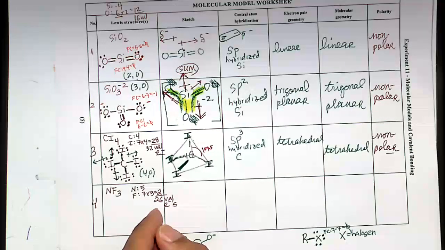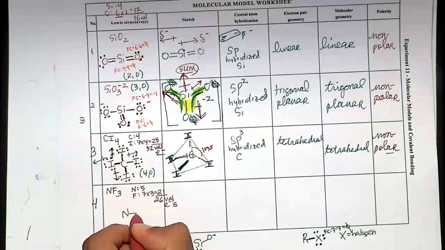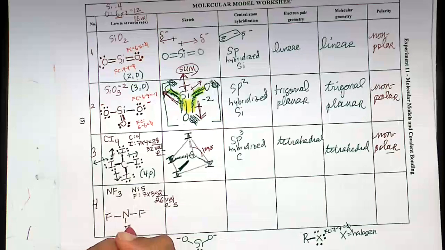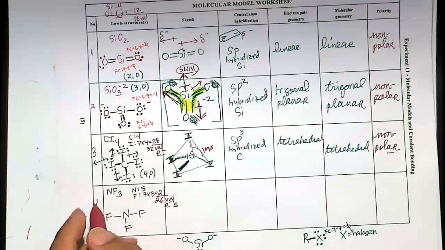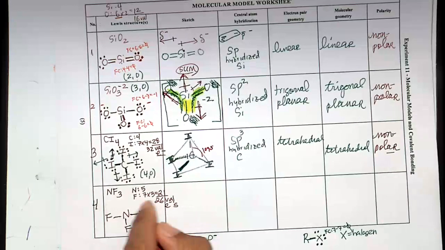So let's make nitrogen our central atom. We'll do 1 F here, 1 F here, and 1 F here. Remember, halogens will have 3 lone pairs. This is important, just something you need to keep in the back of your mind. So it's going to be 1, 2, 3, 4, 5, 6.